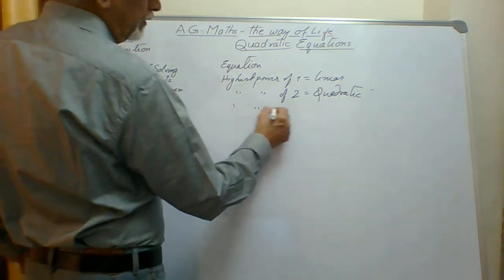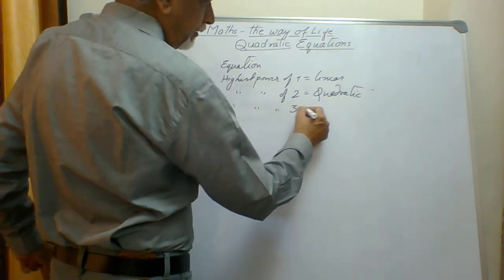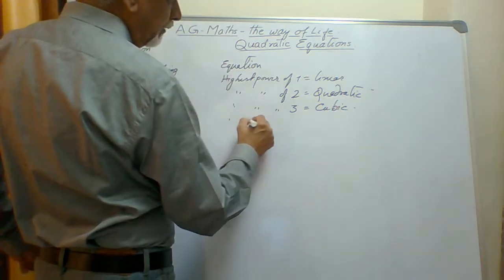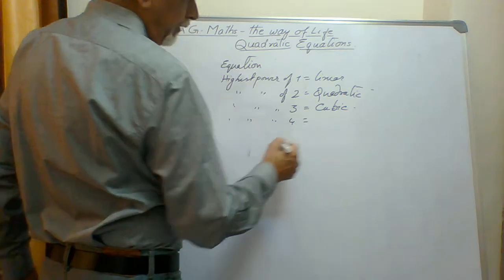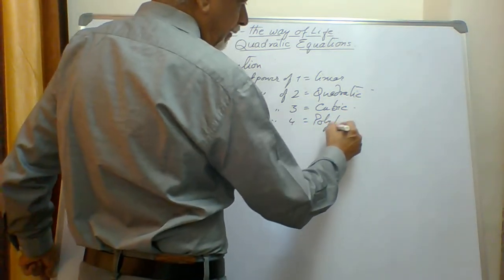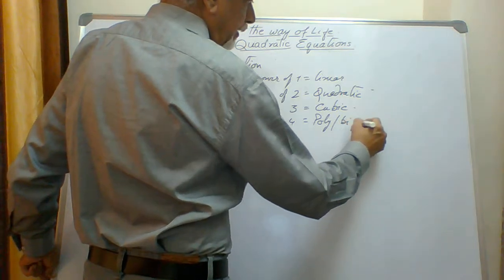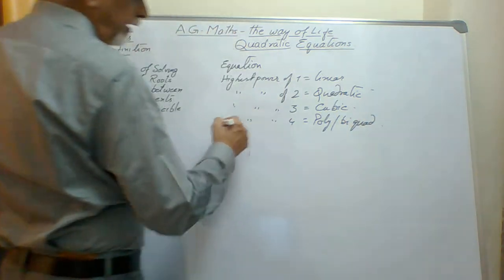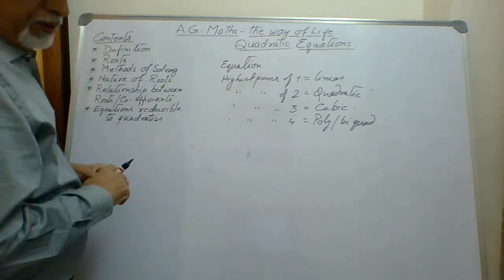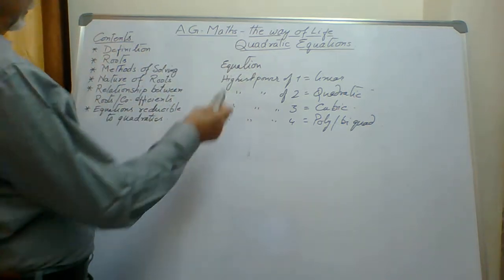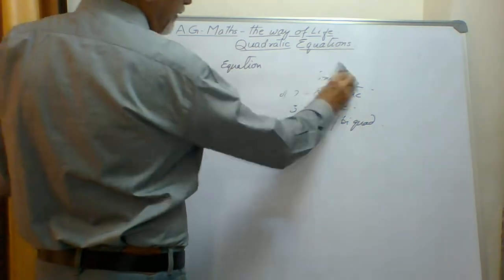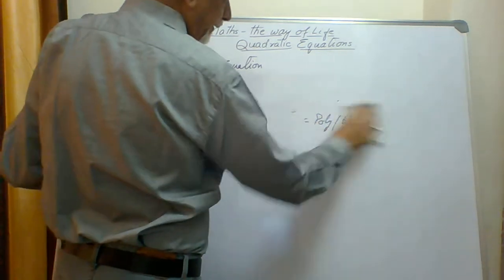If the highest power of the unknown is 3, then we call it cubic. If it becomes 4, then we can call it polynomial or even biquadratic. And likewise above, maybe 5, 6, 7 up to n, it can go. So this is the definition of an equation and different powers and accordingly their names.